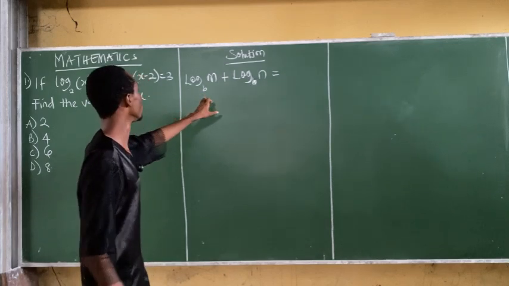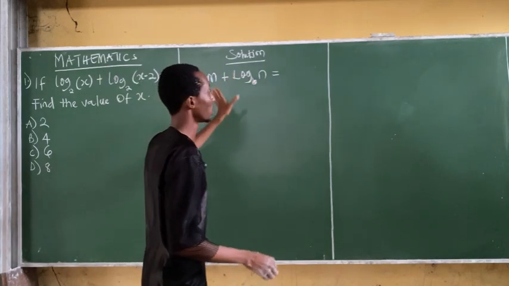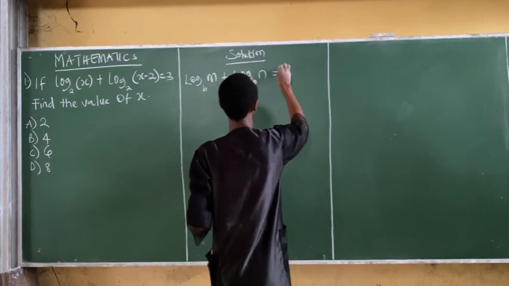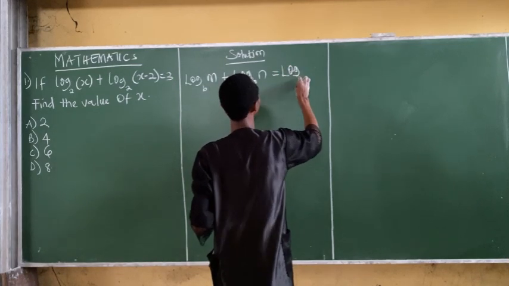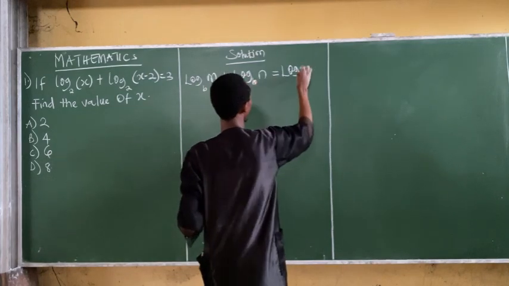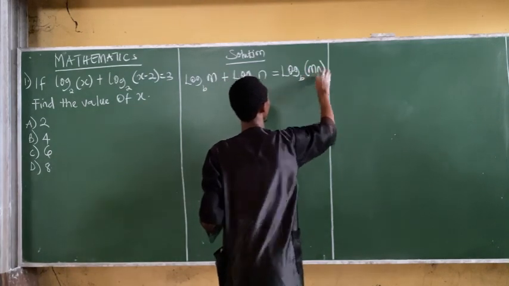So what we need to do is pick one base and multiply them: log b of m times n, which is mn.